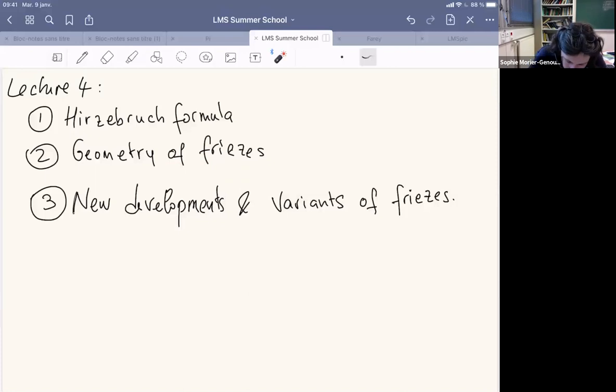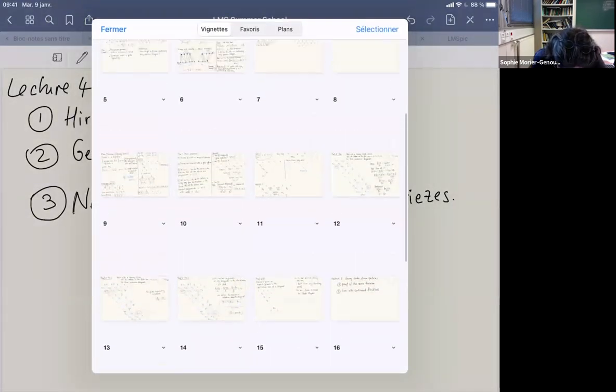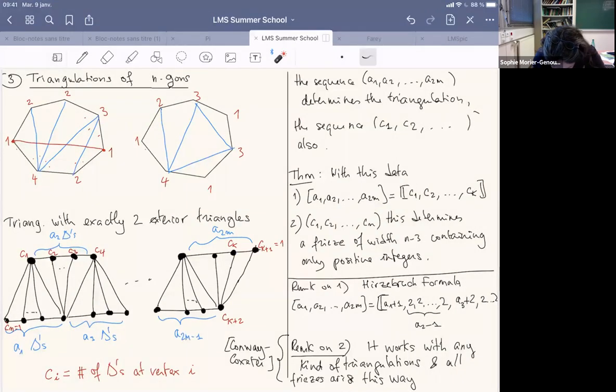Okay, so let's go back to this Hirzebruch formula just to refresh the mind. I go back earlier in the course, where Hirzebruch appeared. So what was the Hirzebruch formula?